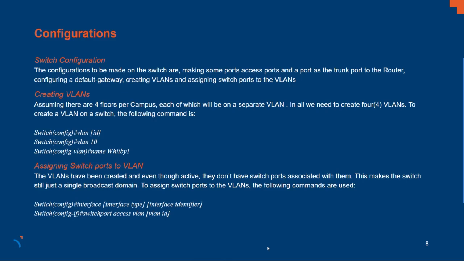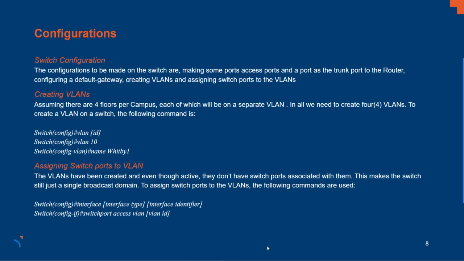Next, assign switch ports to the VLAN. Now the VLANs that have been created are now active, but they don't have switch ports associated with them. This makes the switch still just a single broadcast domain. So to assign switch ports to the VLANs, the following commands are used. We're going to enter into the configuration mode, then enter the interface type and the interface identifier.